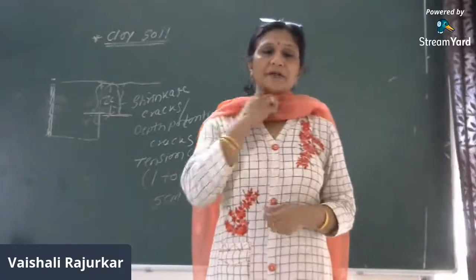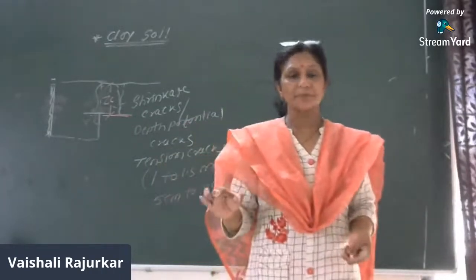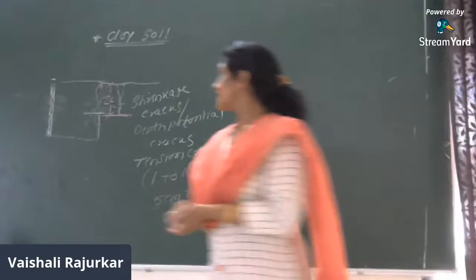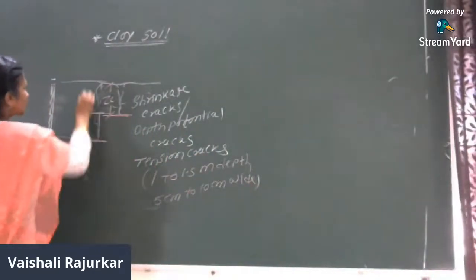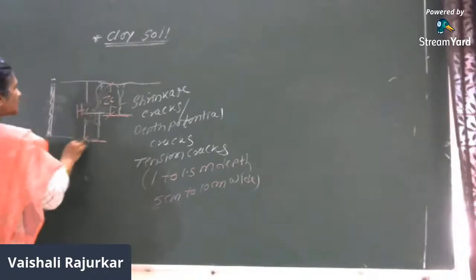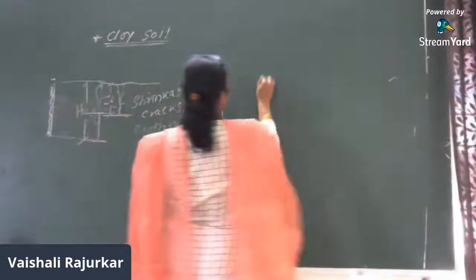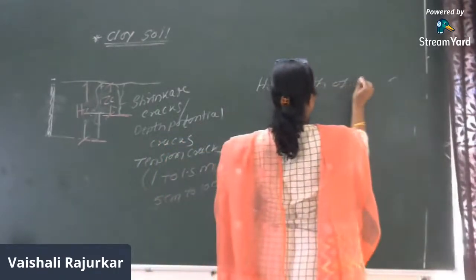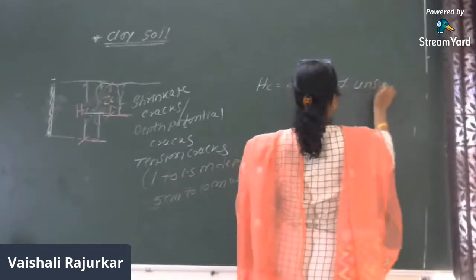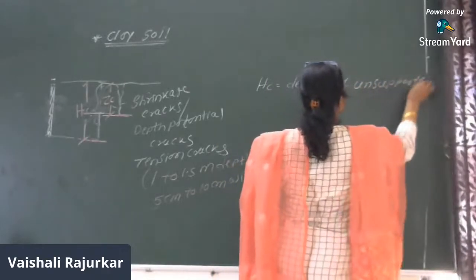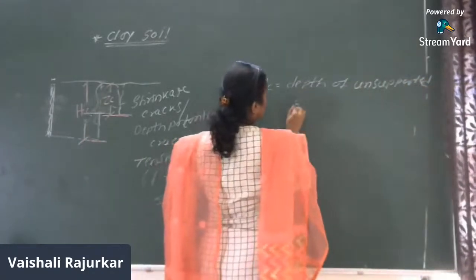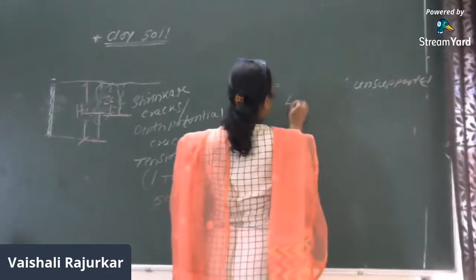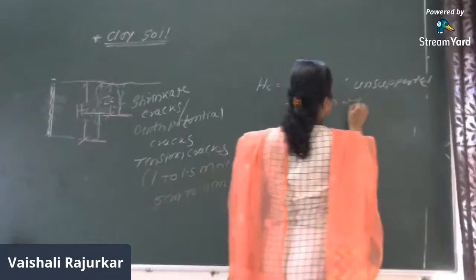From the field point of view, the soil can stand unsupported, without any support needed, up to a depth that is called the critical depth. Here we can see this is HC. What is HC? HC is the unsupported depth, or unsupported length of excavation.